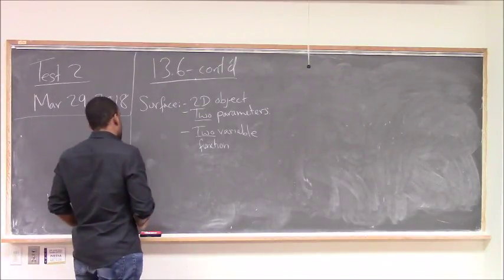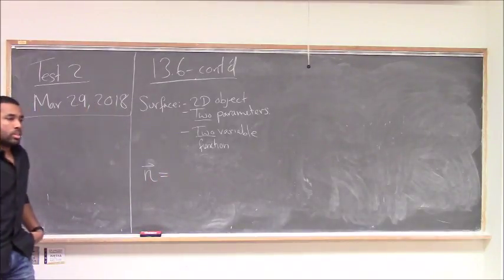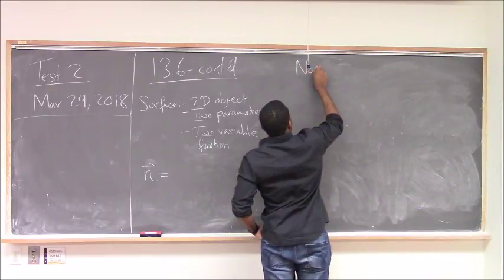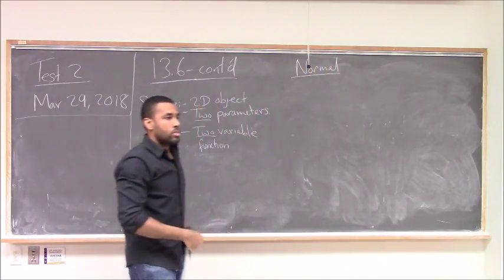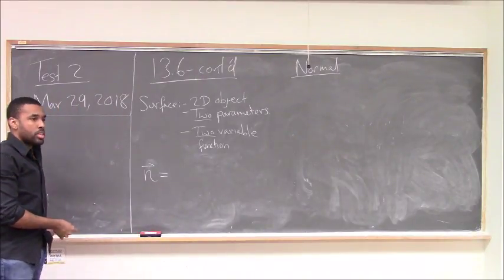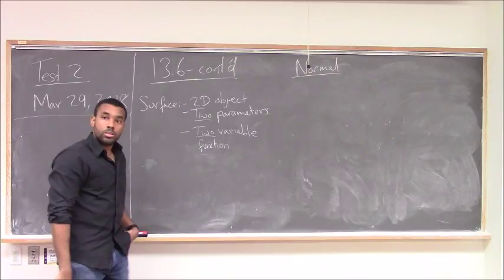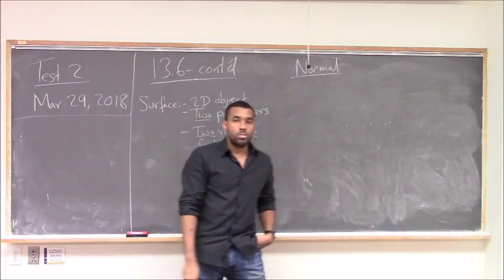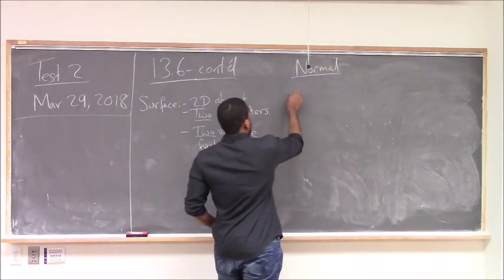Now we discussed something important, how to find the normal vector to a surface. So tell me about finding normals. Cross product. Be specific. Give me some situations and then a formula that would work in that situation. Okay, so you have one case.